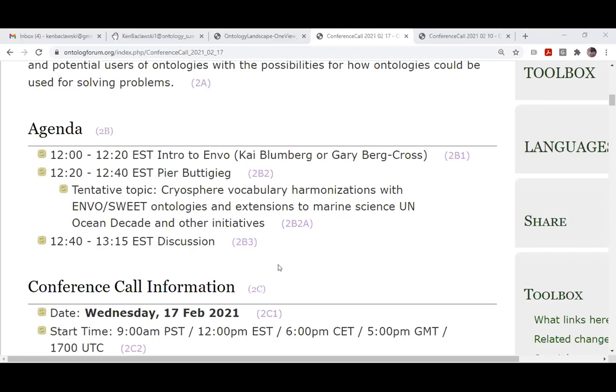But the intent is to discuss some work that's been ongoing for a couple of years, as I described last time, on harmonizing domain vocabularies, particularly in the cryosphere realm, ice glaciers, with existing ontologies in the earth sciences. SWEET has been mentioned, but most of the work has been on ENVO, the environmental ontology, that will be part of the briefing.